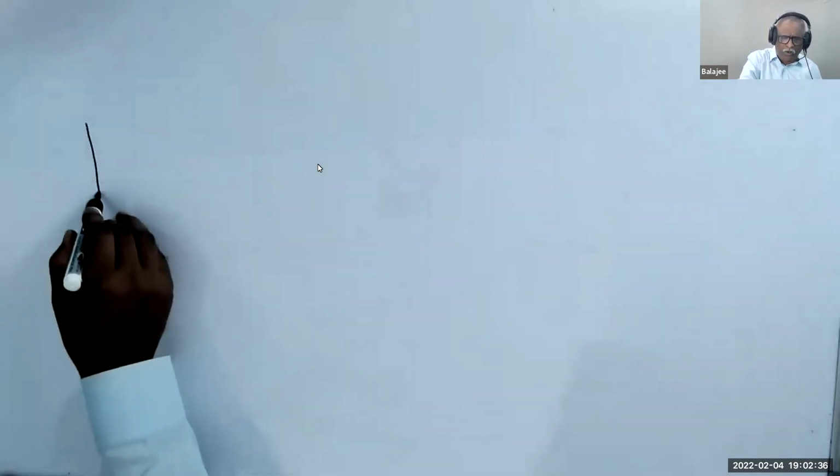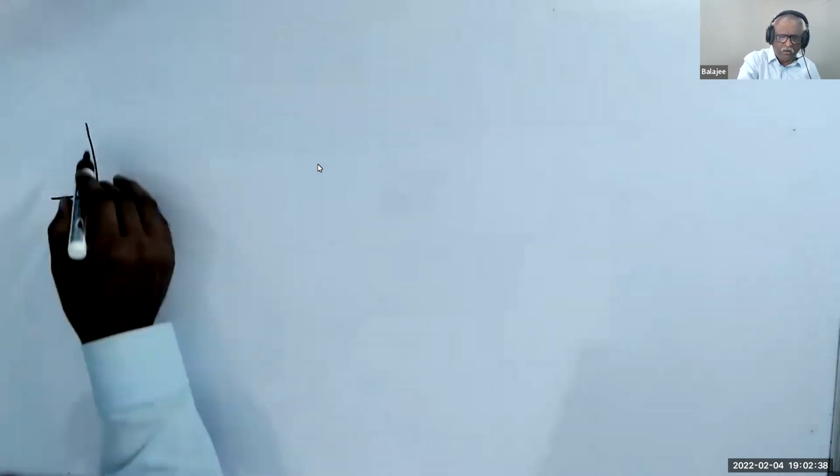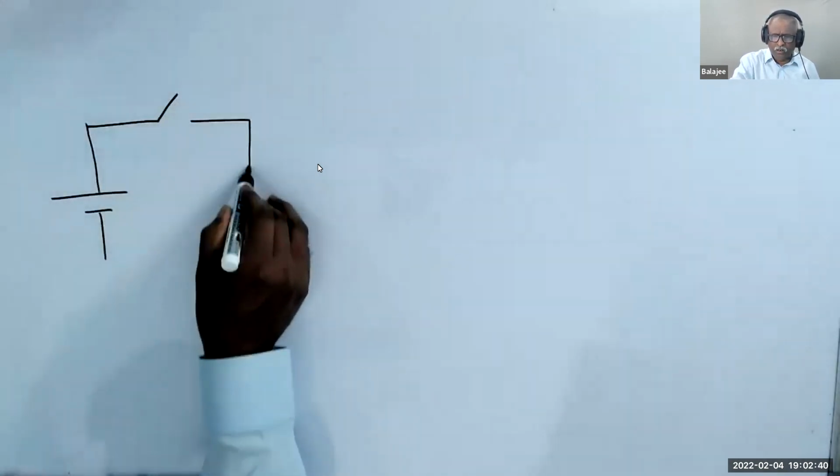The same thing is here. That's the way the whole thing is growing. Let me give you a small idea before we proceed into the application of combinational logic. Let me draw how things go. This is a very simple electrical circuit: a battery, a switch, and a bulb.